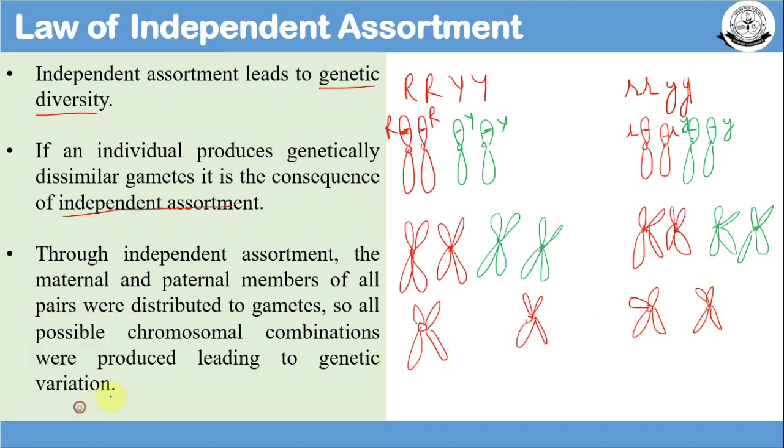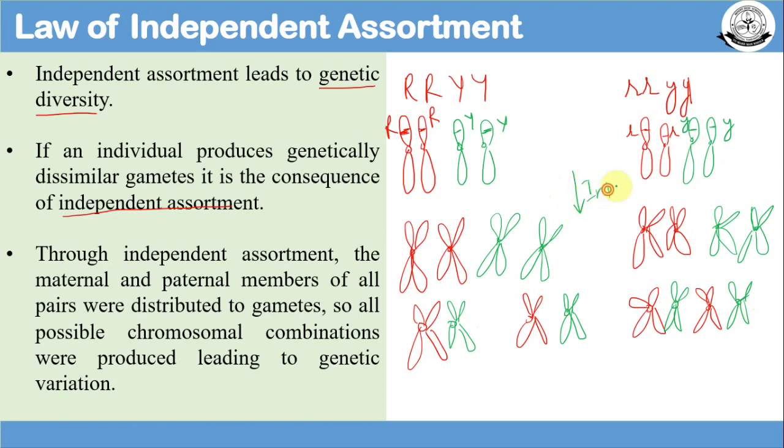Hope you remember. And what happened in meiosis 2? Sister chromatids get separated, isn't it? Hope you studied.